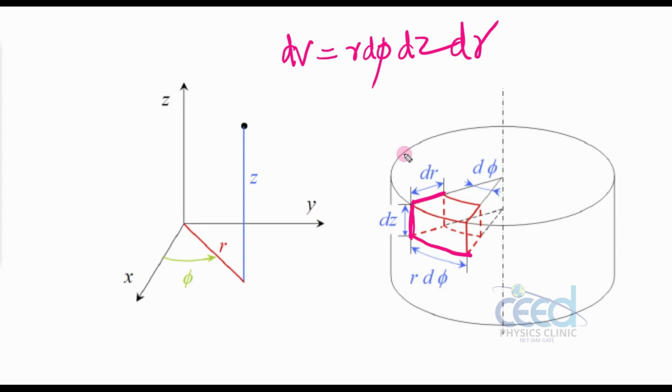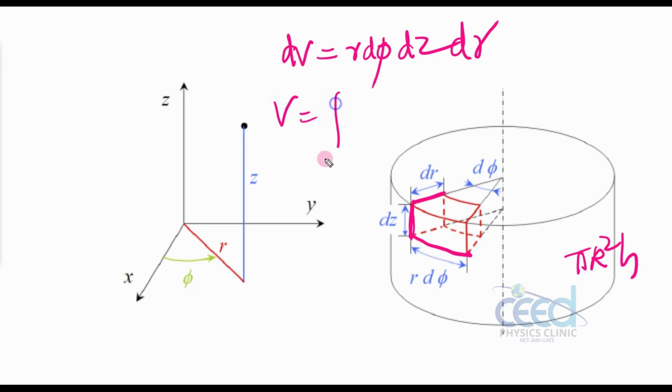So we know the volume of a cylinder is pi r square h. So if this volume element is correct, when you integrate this, we will get pi r square h as the volume. Let us check. So dV, volume means triple integral. So 3 variables, so triple integral.